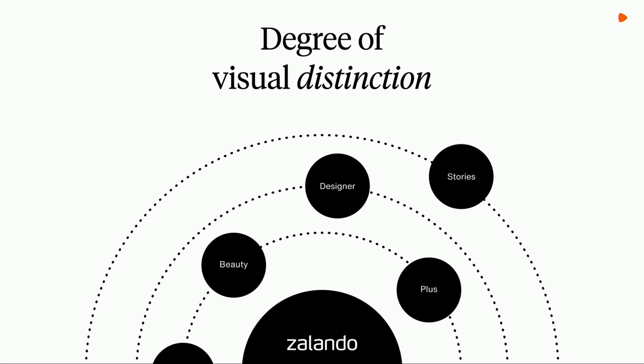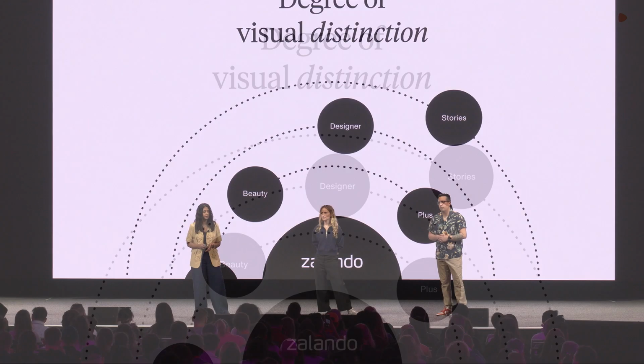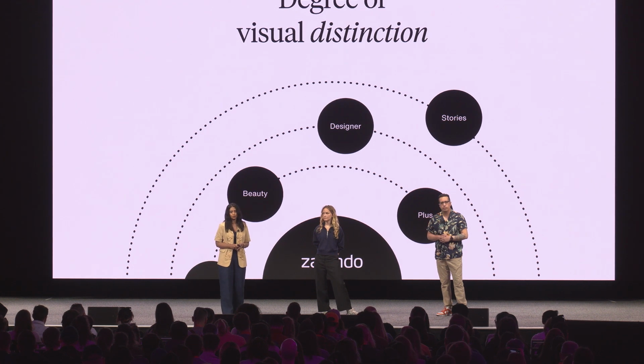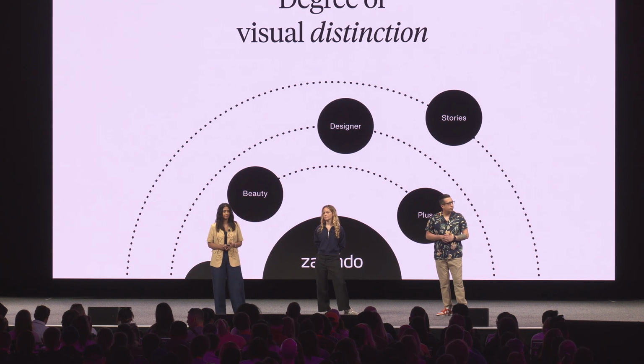Zalando's current strategy across its multiple categories and offerings focuses on creating more tailored experiences, catering to our customers' unique lifestyle needs in different moments of their shopping journey. For example, when looking for beauty products or designer luxury goods, seeking inspirational stories, or joining the Plus program for our most loyal customers.